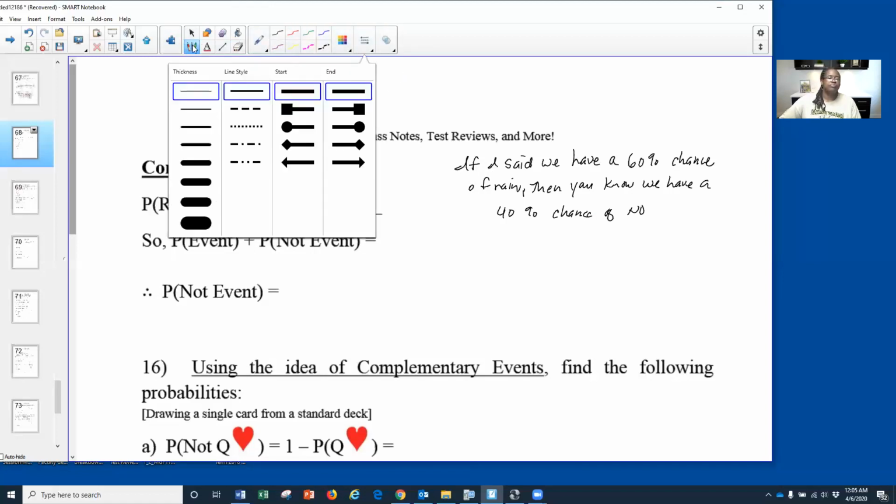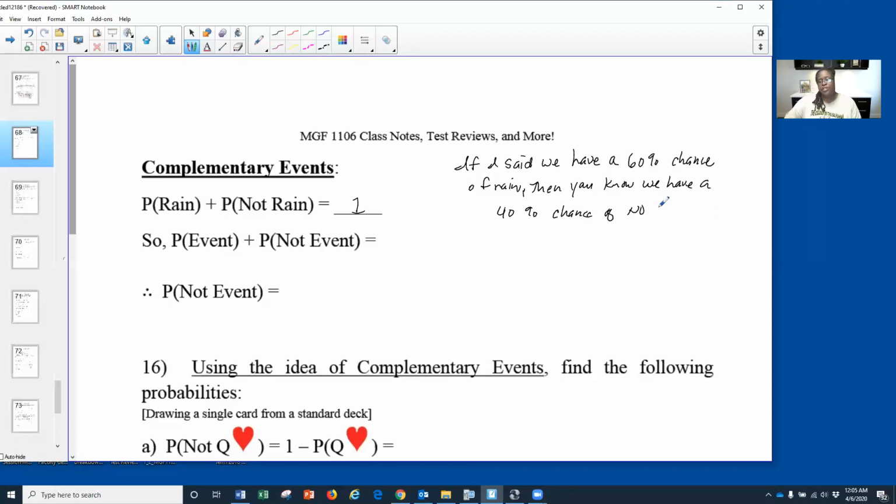Okay. All right. So we have a 40% chance of no rain. So if you have the probability of rain equals 0.6, right?